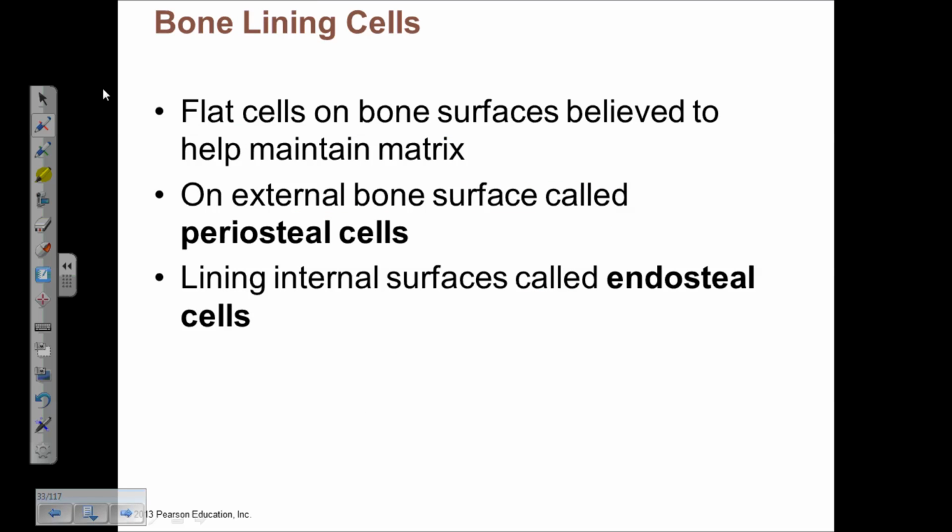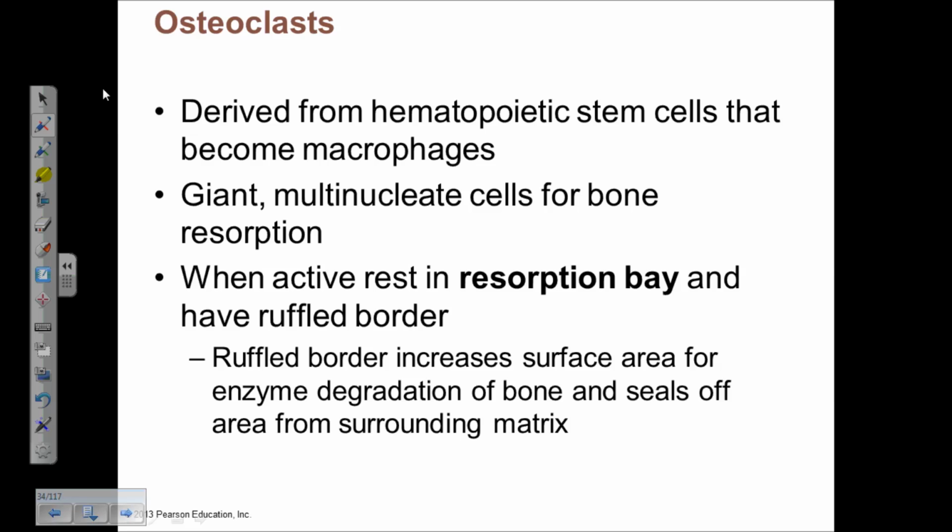So bone lining cells are flat cells on the surface of the bone, periosteal cells on the external surface, and endosteal cells on the internal surface. They are believed to also help maintain bone matrix, but the exact function is not yet known terribly well. So those, again, are four types of cells that are either osteoprogenitor cells or related to them.